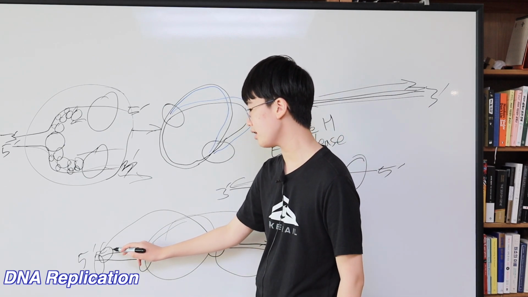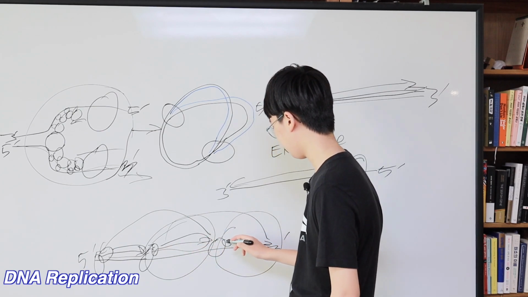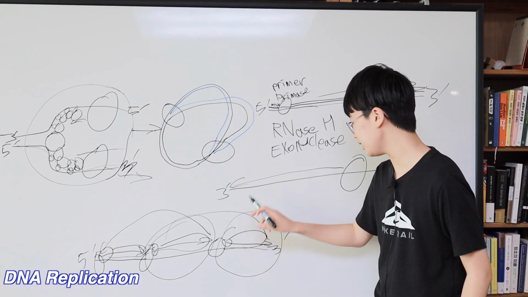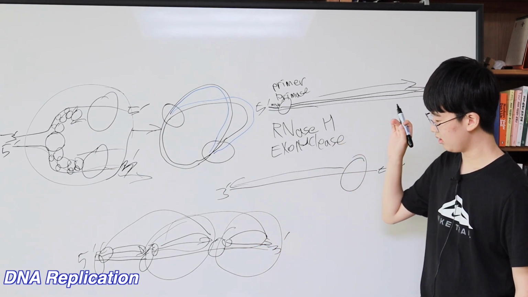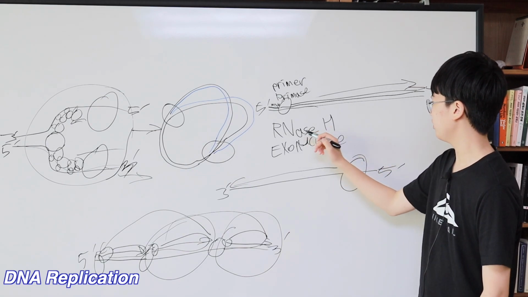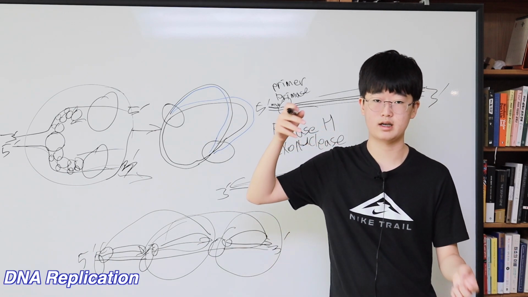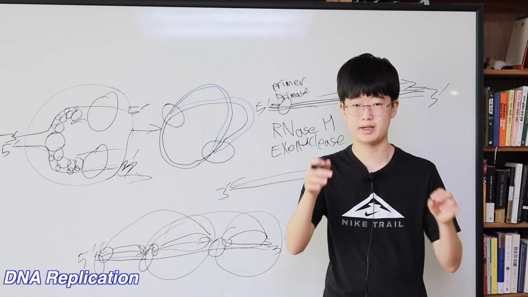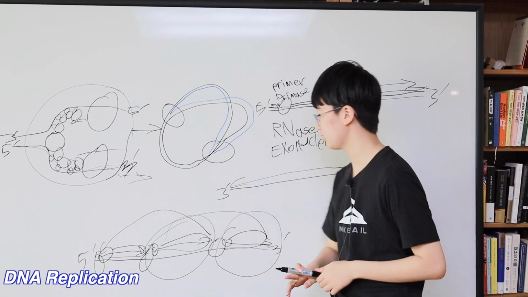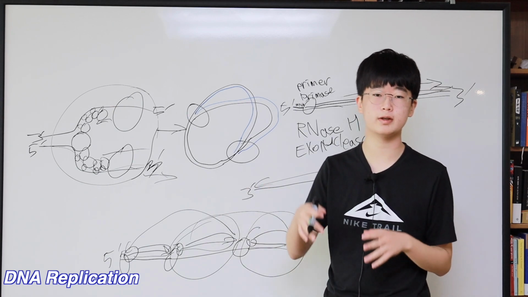So the RNA, and then DNA, and then RNA, DNA, RNA, DNA. It goes on like that. The RNA primers are all then removed by RNase H and exonuclease. And then DNA comes in that empty space and completes the whole DNA.